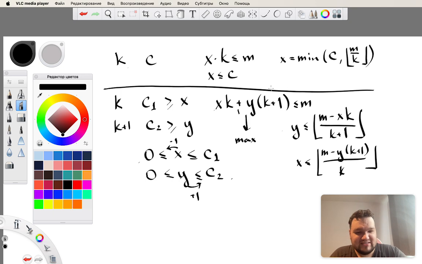Or this thing actually reaches the value m. So that's the situation we want to consider now. So we want to check if it is possible to choose x and y in these bounds such that the sum is exactly m.